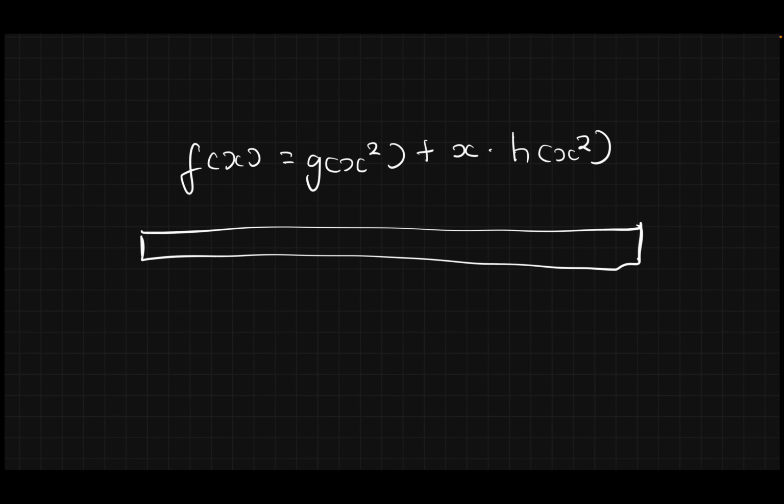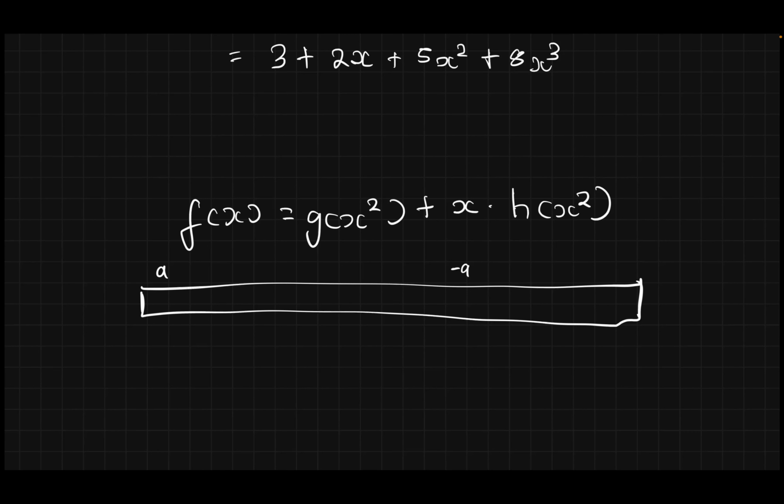We're looking at the interpolating set now. Let's call this A, just to make it easier, and minus A. If you evaluate G of x squared at A and H of x squared at A, you're going to get the same result as when you evaluate G of x squared and H of x squared at minus A.